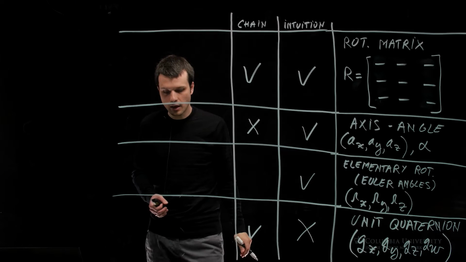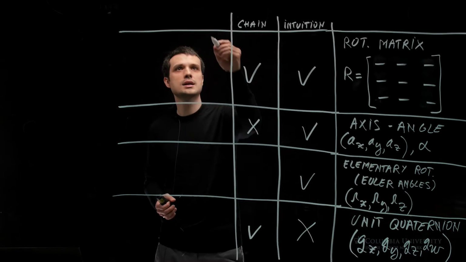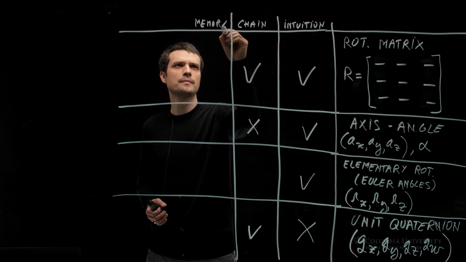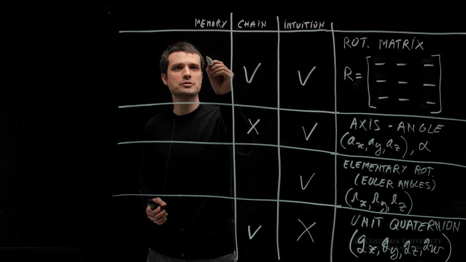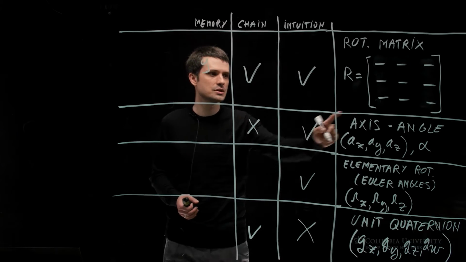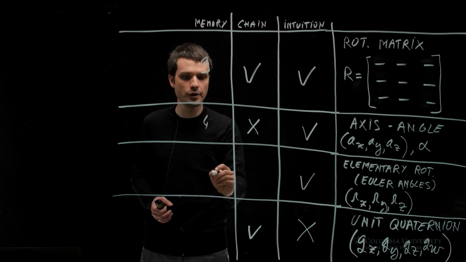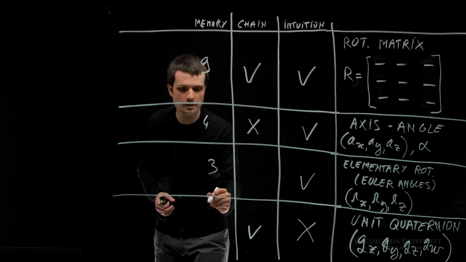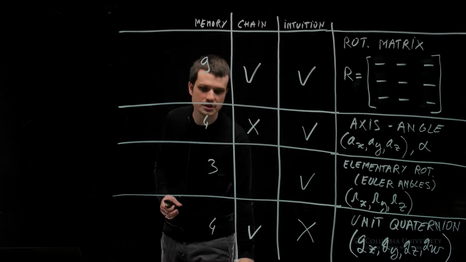Okay. How much memory does each of these representations use? Well, for the rotation matrices, you have to store 9 numbers. For the axis angle, you have to store 4 numbers. For the elementary rotations, 3 angles, and for the quaternion, 4 numbers.